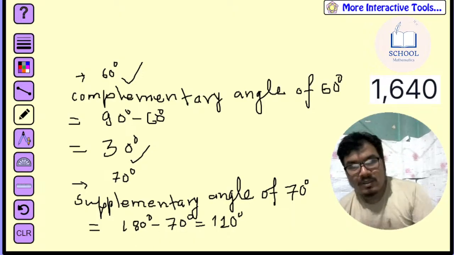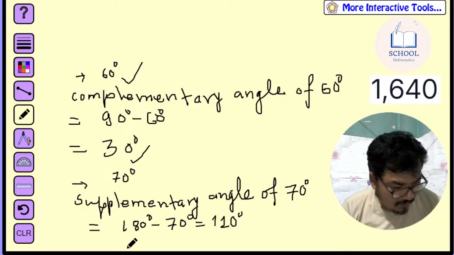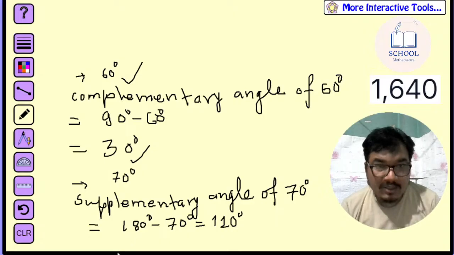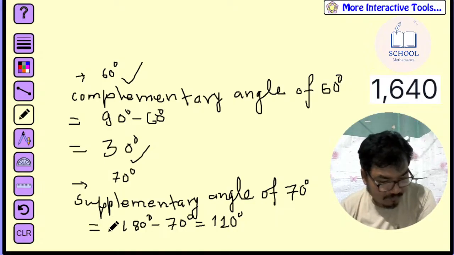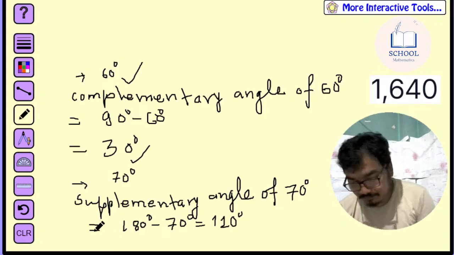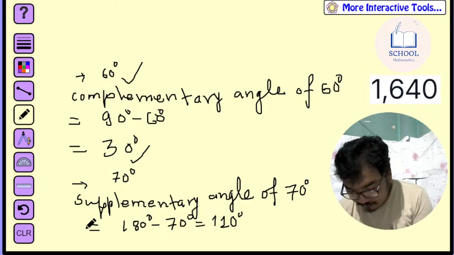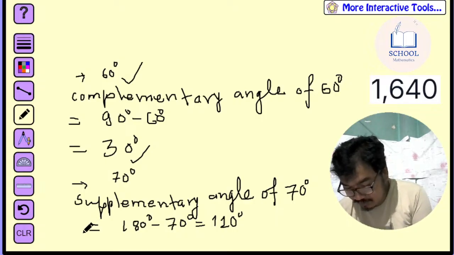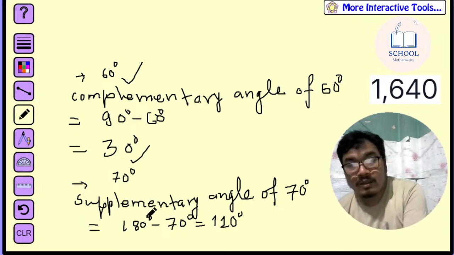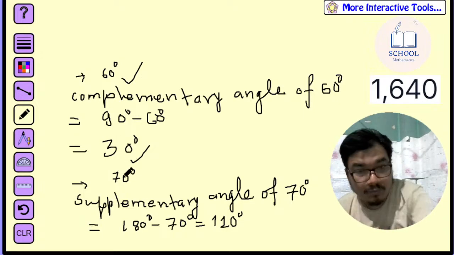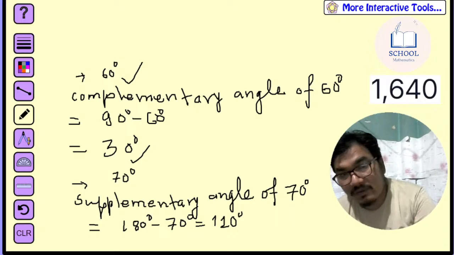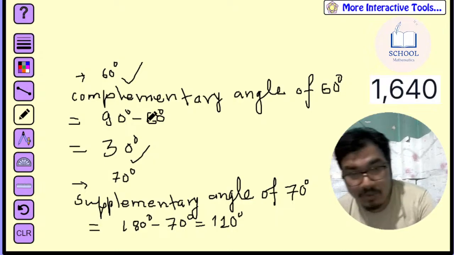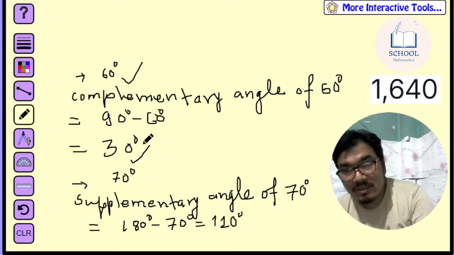Like this we find the supplementary angles. This is the method to find complementary and supplementary angles. We subtract the given angle from 180 for the supplement, and for the complement we subtract it from 90 degrees, right? Like this we discussed pairs of angles in today's class.